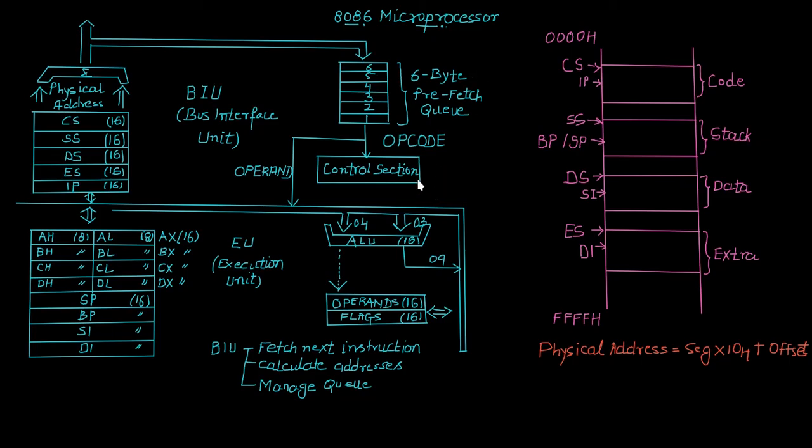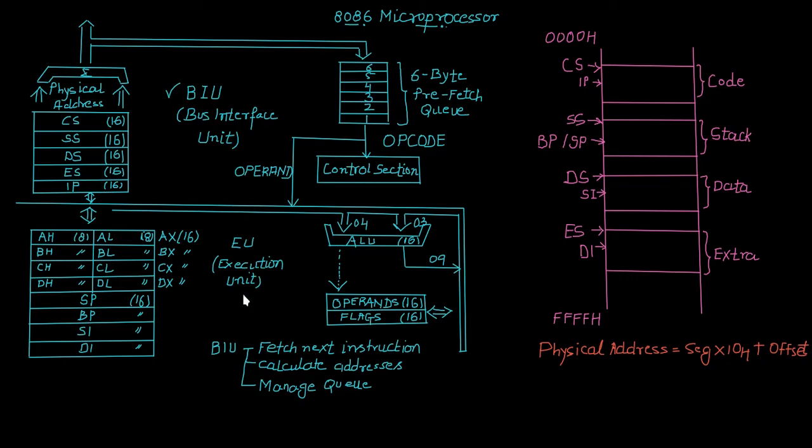Alright, so let's start with the architecture of the 8086 microprocessor. In this whole diagram, you can see that I've divided the architecture into two different units. This line divides the architecture into two units. The first unit is the BIU, or the bus interface unit.